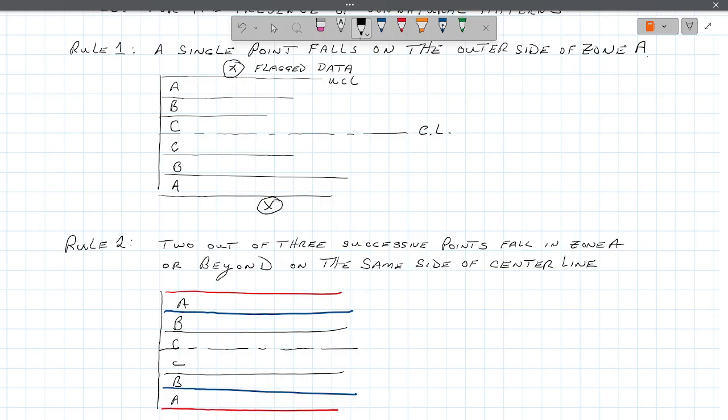Okay, so I'm going to put one in there, one above the C center line, one down in B, come back up into C, go down and hit one in A, and another one in A. Then I'm going back up and hit one above the center line, one back below the center line, and I didn't draw my lines far enough out.